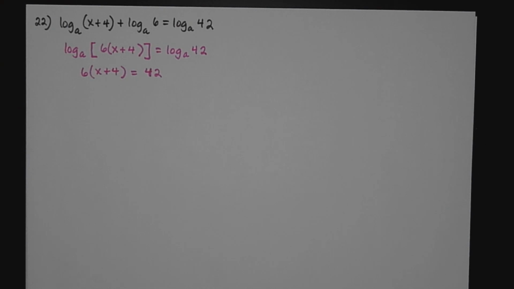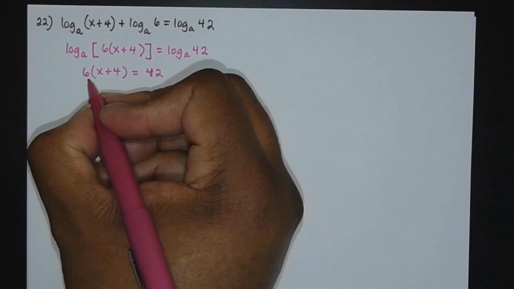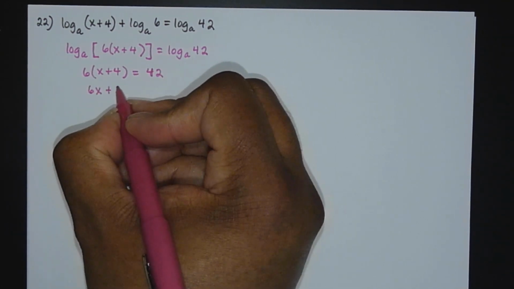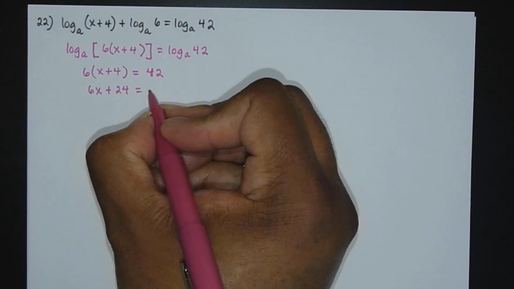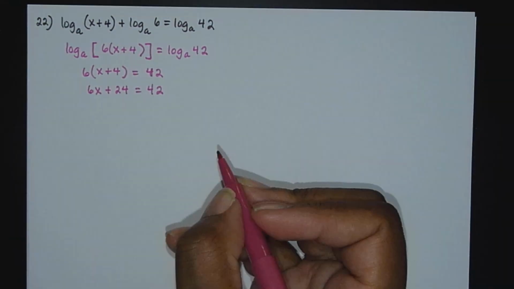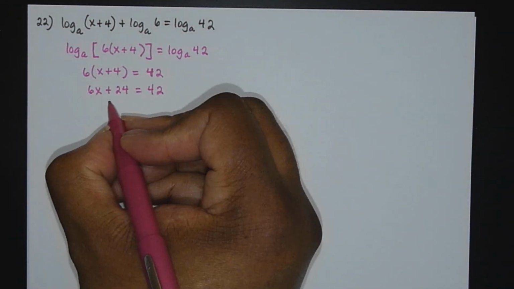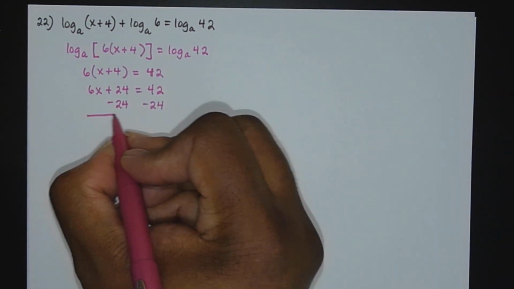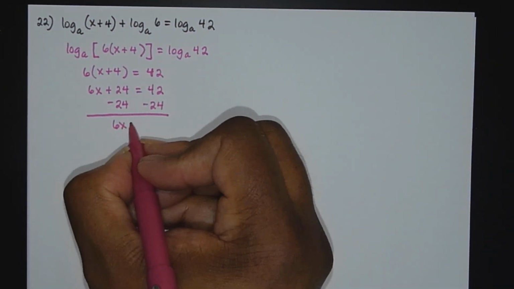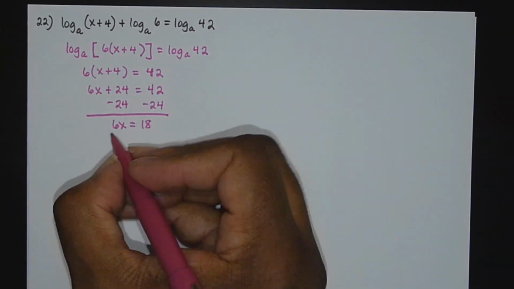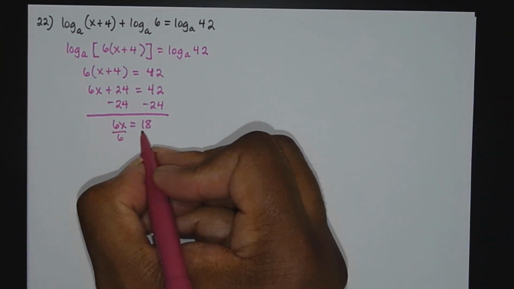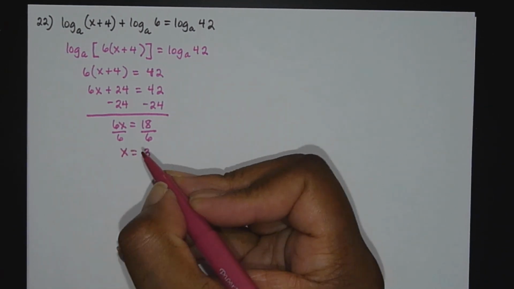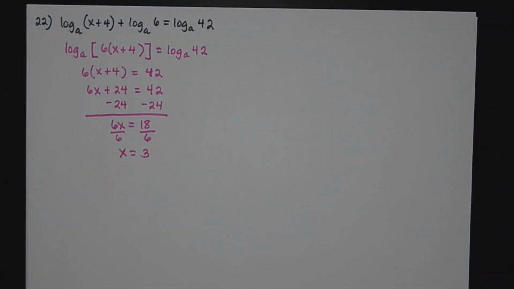And then solve the equation for x. So if I distribute the 6 over the x plus 4, I will have 6x plus 24 is equal to 42. And then subtract 24 on both sides. That means 6x is equal to 18, divided by 6. My proposed solution would be x is equal to 3.